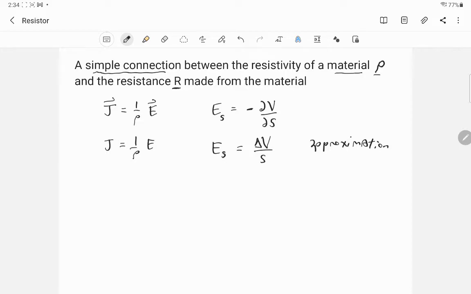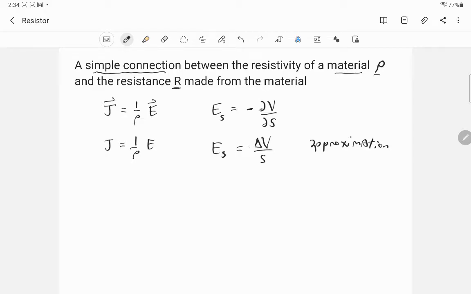But I'm going to make it. So there's the electric field in that direction. I'm just calling it S. But S is actually a difference. It's like a displacement. It's a difference between two places. And those two places have a difference in potential associated with them.